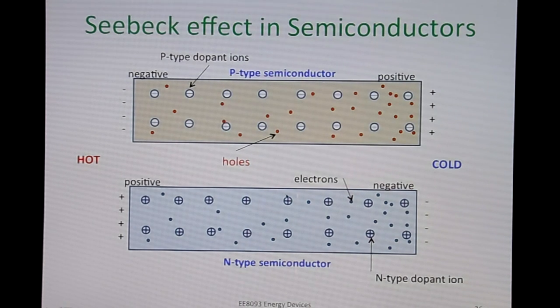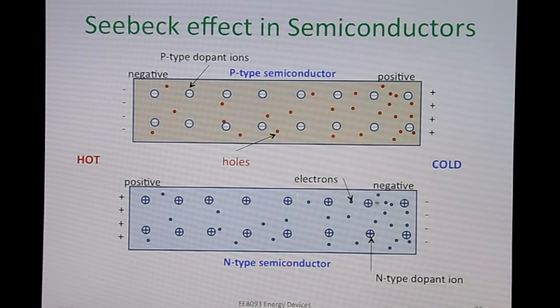We can use similar reasoning to understand what happens to the n-type semiconductor. In the n-type semiconductor, the charge carriers are electrons, just like the conductor. And again, because of the conduction of heat through the n-type semiconductor, we have a net diffusion of electrons from the hot side to the cold side.